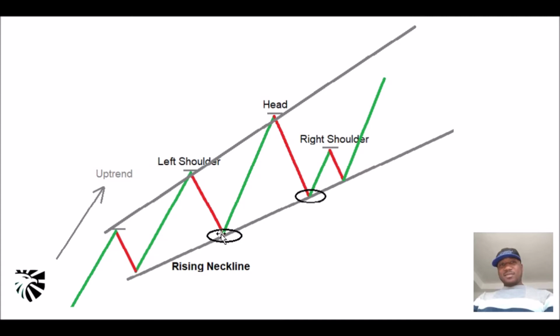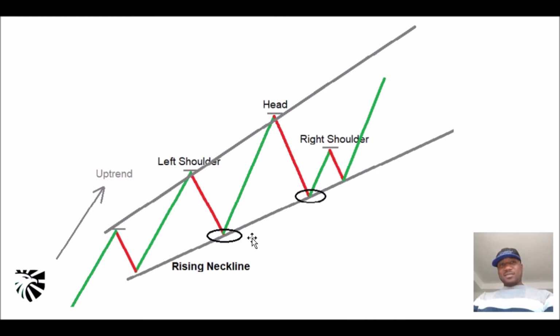Why? Because we have a low here and we have a higher low here. The reason is that both shoulders are above the neckline, and you can see the trend line, which is the neckline. So this kind of head and shoulder is low probability, and you don't want to jump in even if the neckline is broken, right?